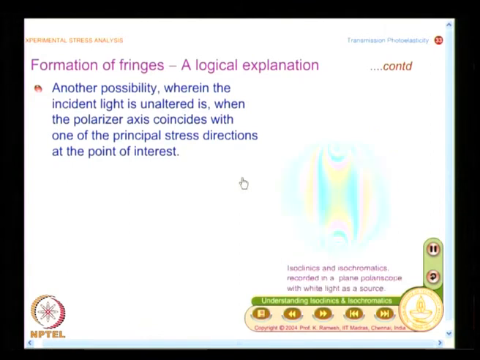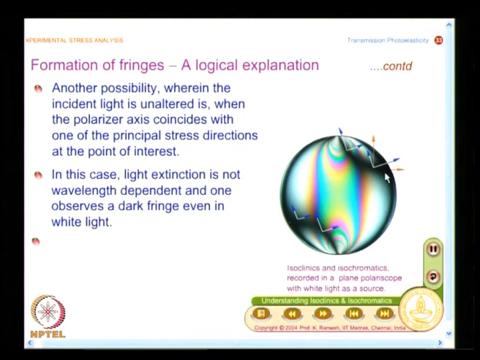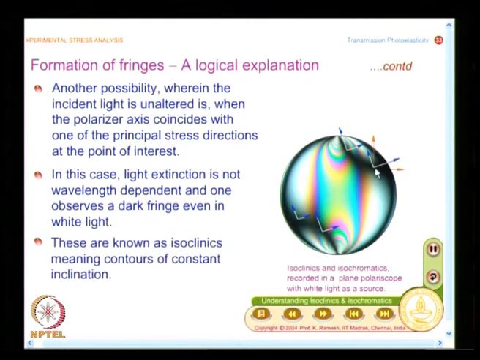And you have a picture of the actual fringe pattern seen in a plane polariscope, and this is the isoclinic, and this is the axis at the point of interest, and the orientation of these axes remains constant. And I have again emphasized, when the polarizer axis coincides with one of the principal stress directions, light extinction is not wavelength dependent, because I do not have another component, I have only one component passing through.